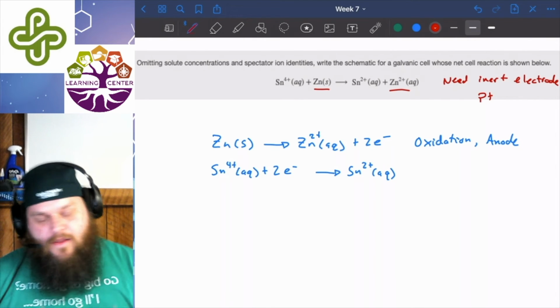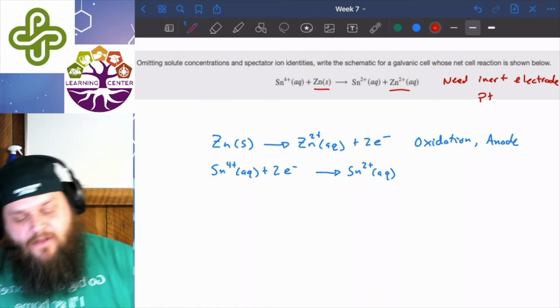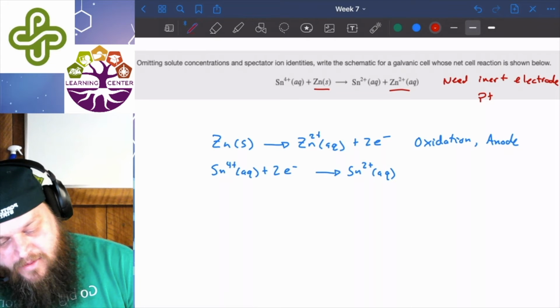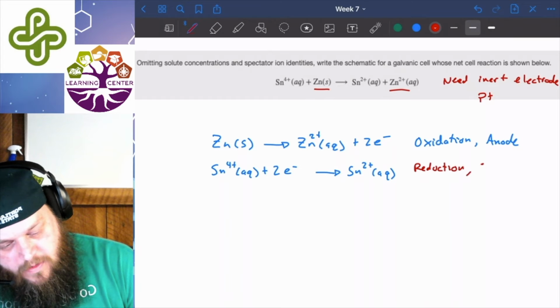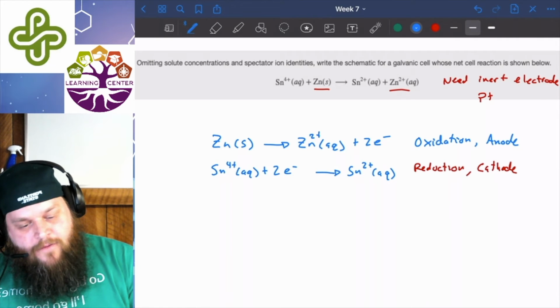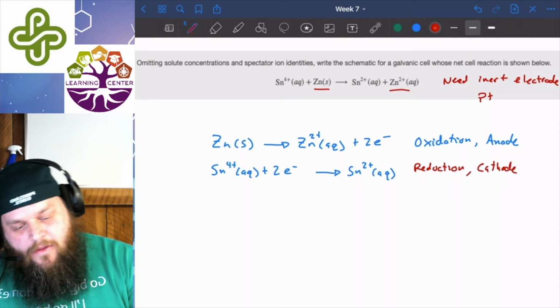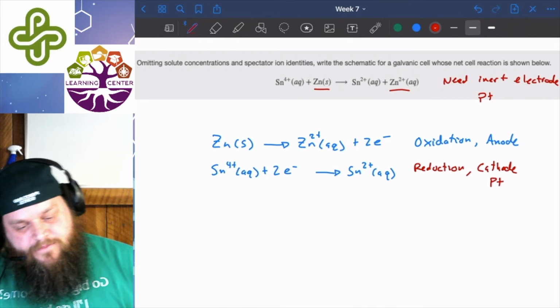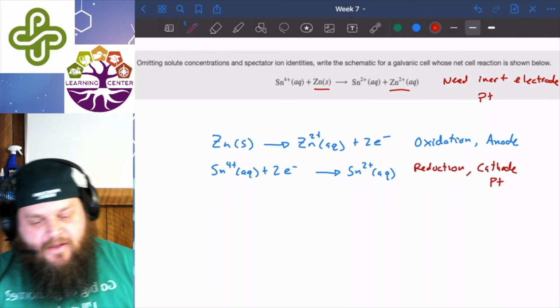Since the electrons are part of the reactants, we're gaining electrons, so we call that a reduction, which is the cathode. And for that cathode, since we don't actually have a solid cathode in there, the cathode is really our platinum. Platinum is Pt.